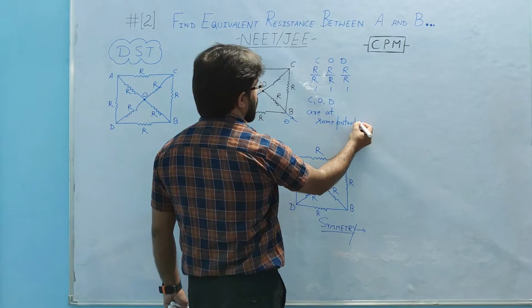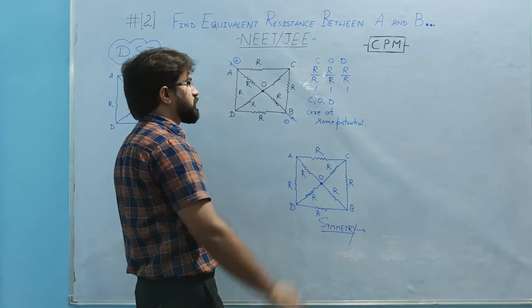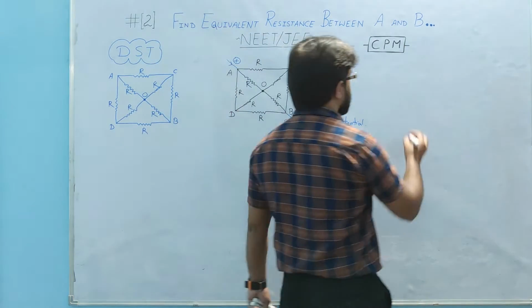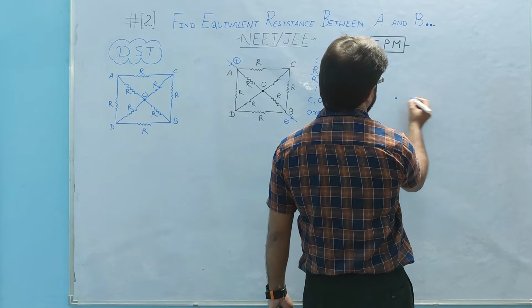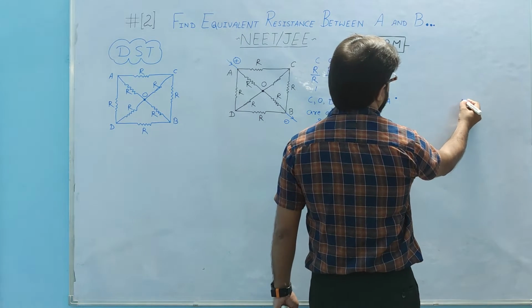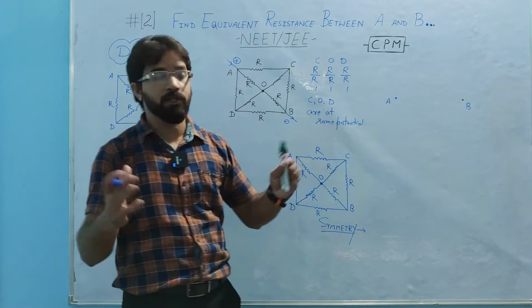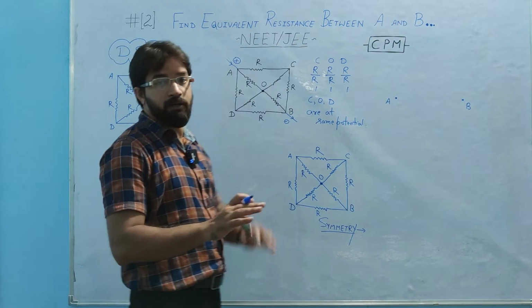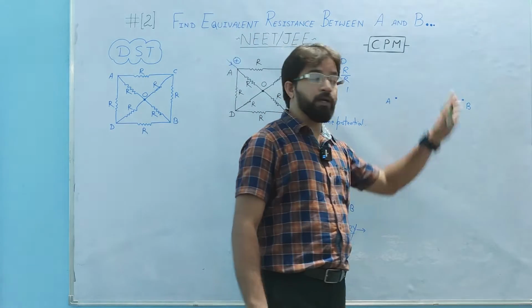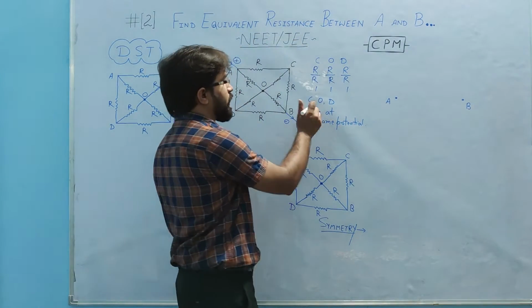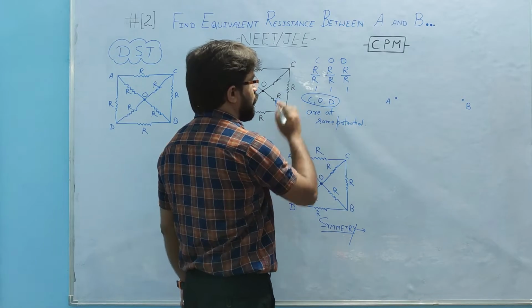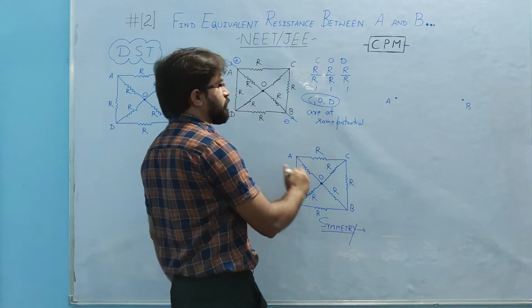If they are at the same potential, then we can redesign this circuit. For that purpose, we will mark point A and draw point B. There would be some distance apart from each other, and then anywhere other than points A and B, we can locate this point, which is now only one point, COD, because all are at the same potential.